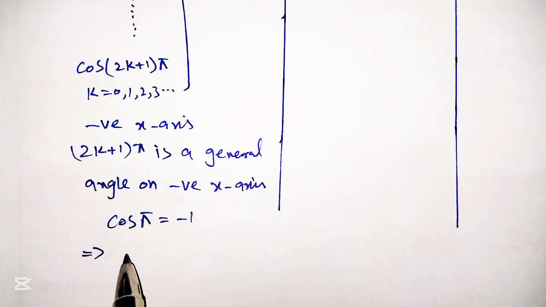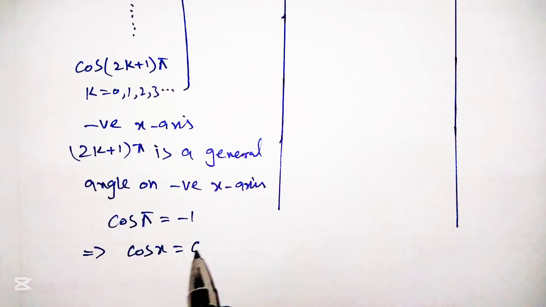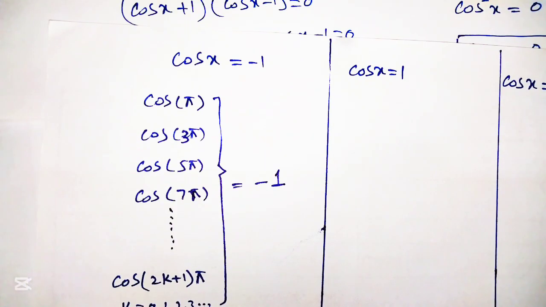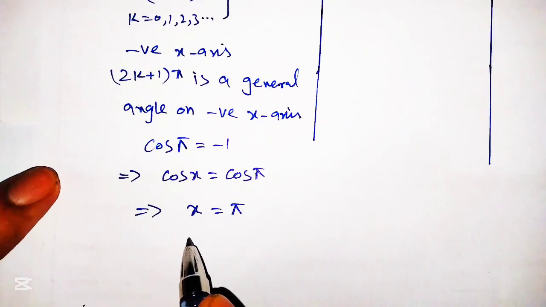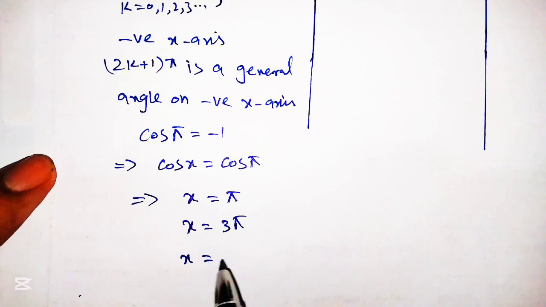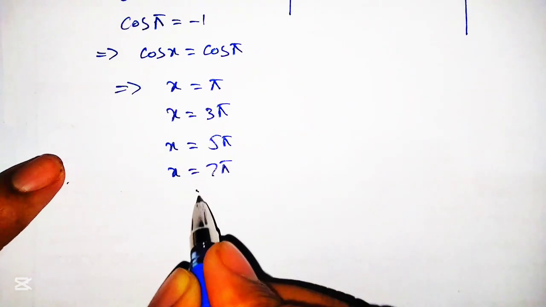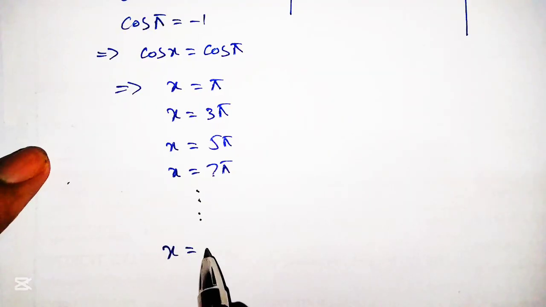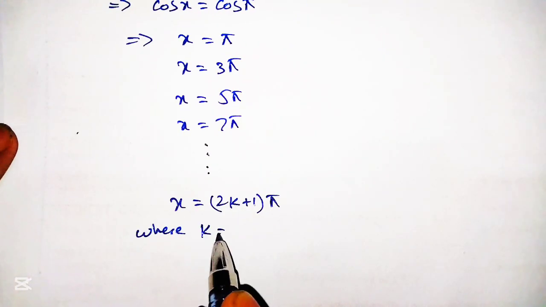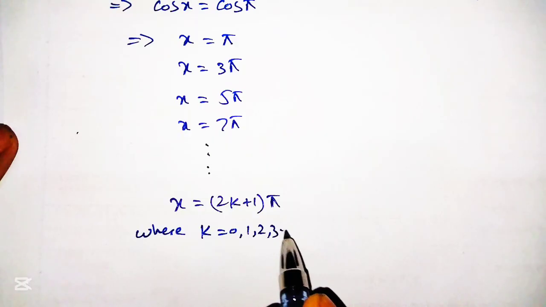This implies that cosine of x is equal to cosine of pi, and this implies that x is equal to pi, and similarly we can write x is equal to 3 pi, x is equal to 5 pi, or x is equal to 7 pi, or in general we can write x is equal to (2k plus 1) pi, where k is equal to 0, 1, 2, 3, and so on.